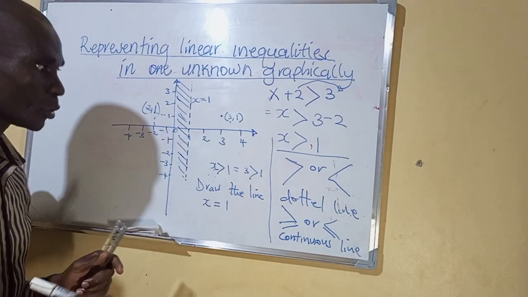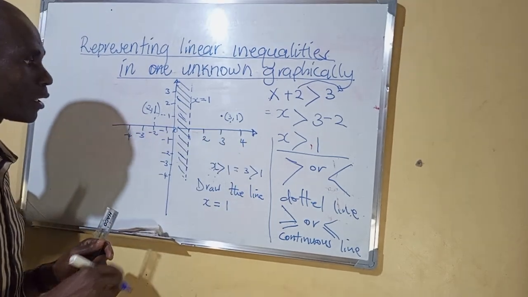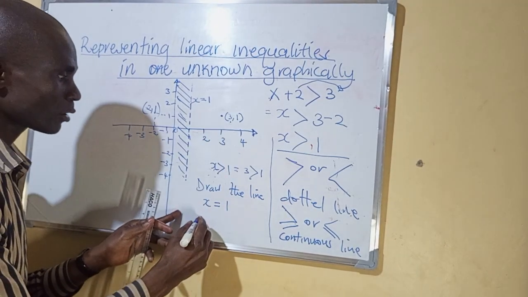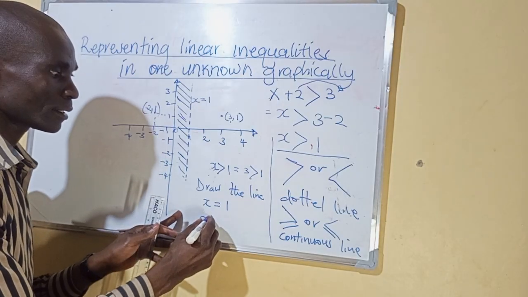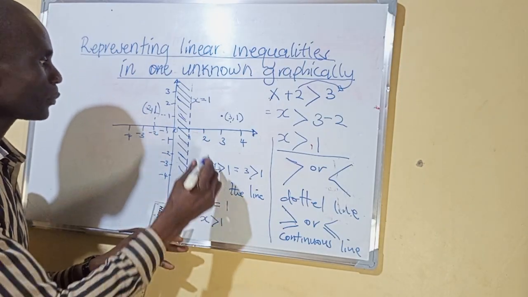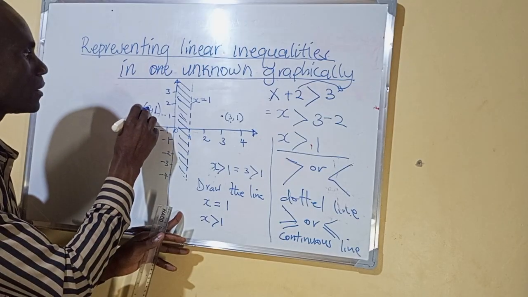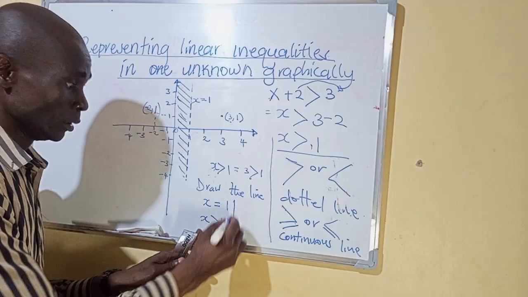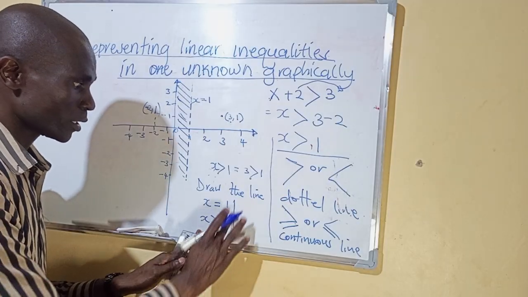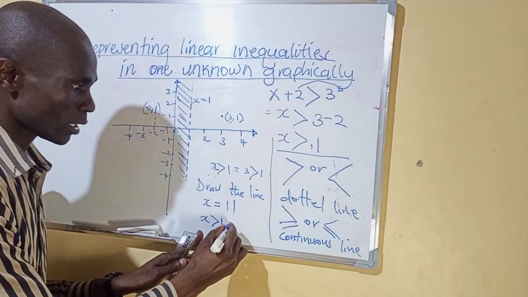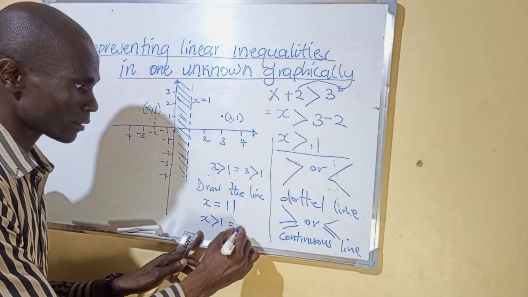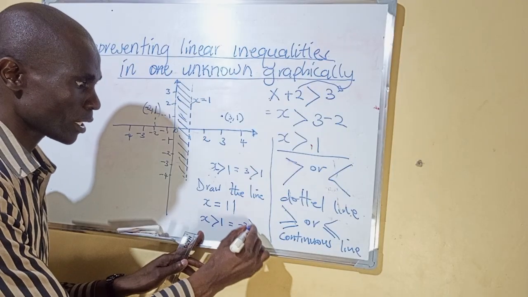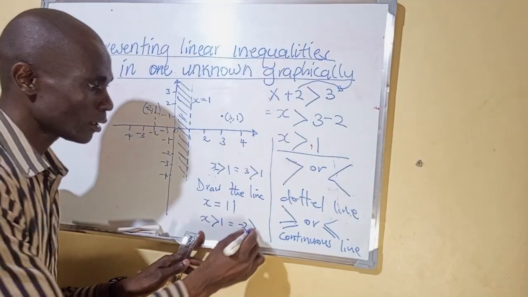Then you try to fit it into the inequality. Our inequality is x is greater than 1. We have picked our point where x is negative 2. So we replace x with negative 2. What shall we get here? Let's see. So x is negative 2, then we have greater than 1.